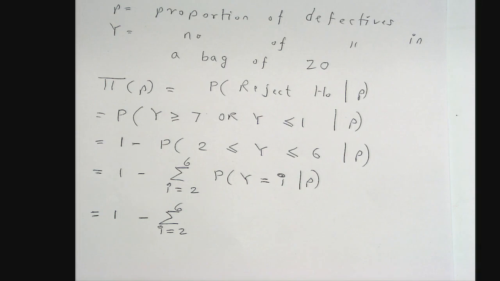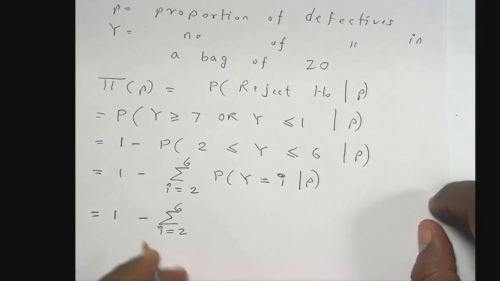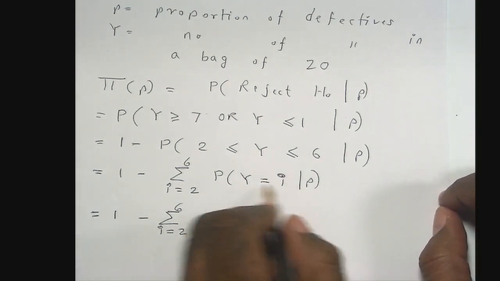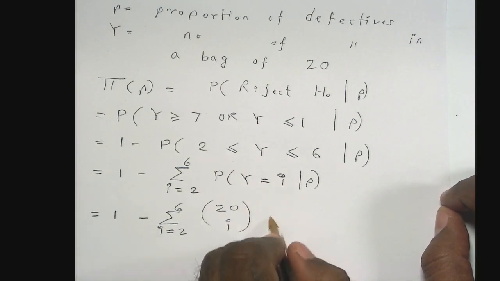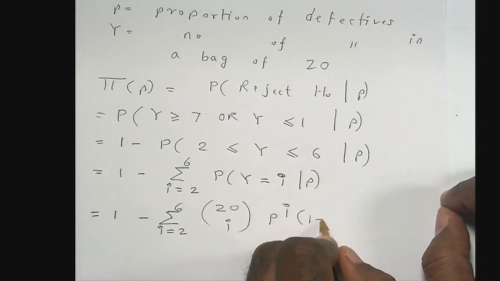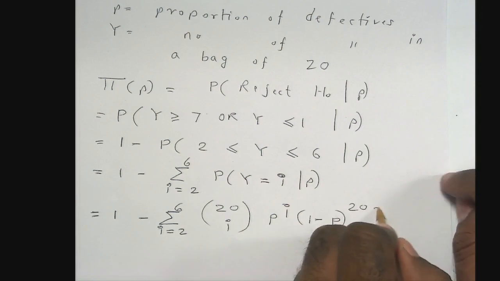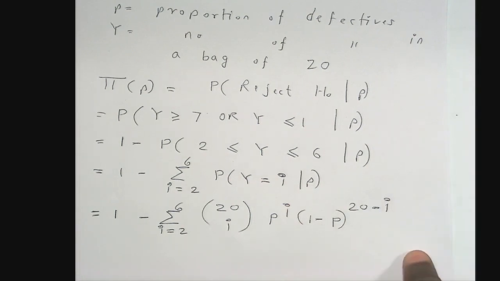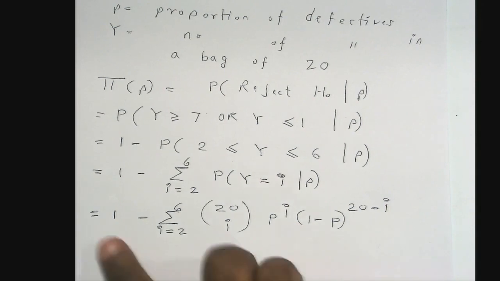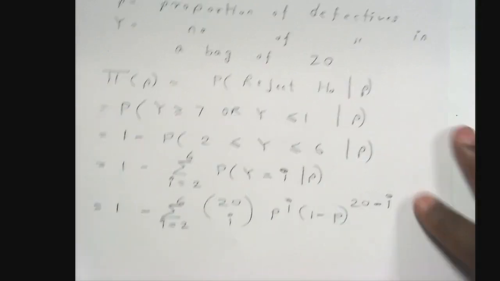So you have a binomial distribution with parameters 20 and P. So the probability that Y equal to... you're done. So this is the power function guys, right? So the power function is 1 minus this thing here.